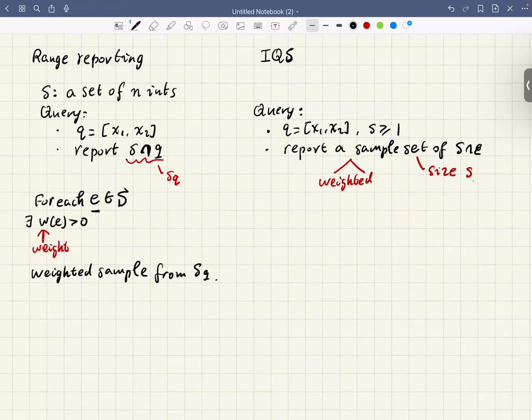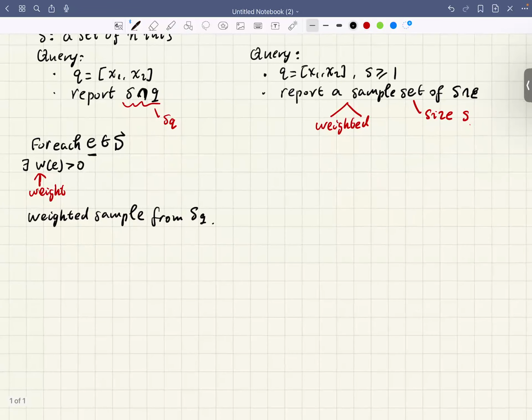What we mean is we want to return a random variable x such that the probability of x being y, where y is any element in the query result, is proportional to the weight of this element.